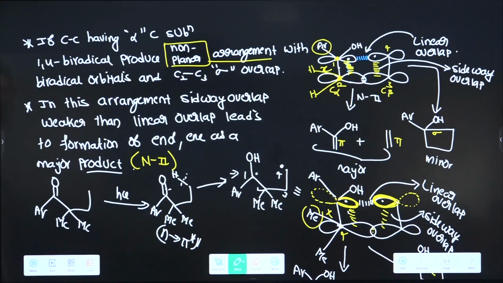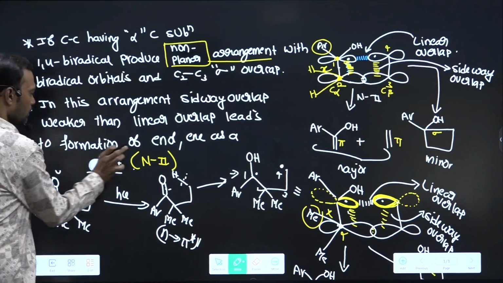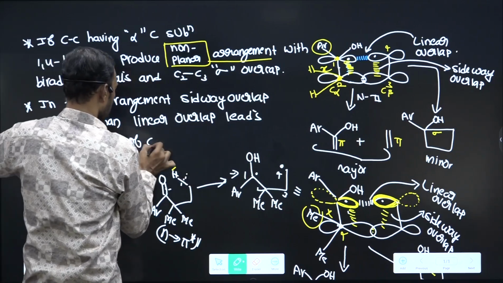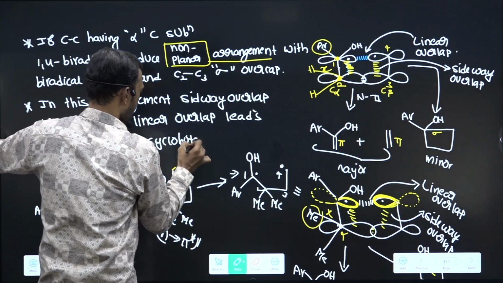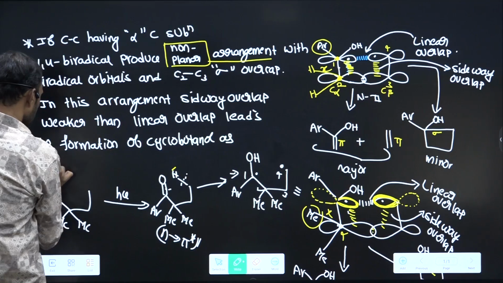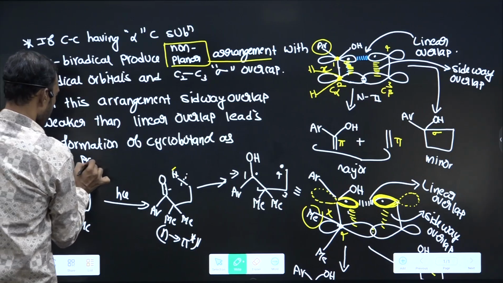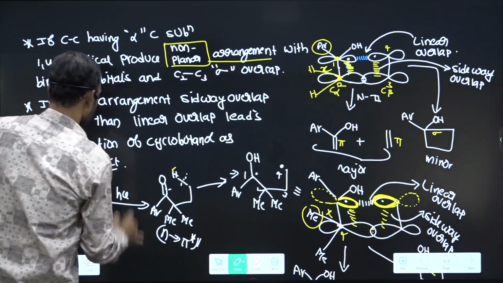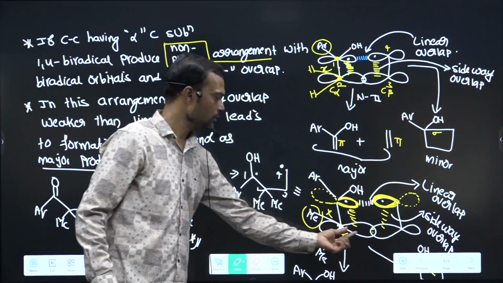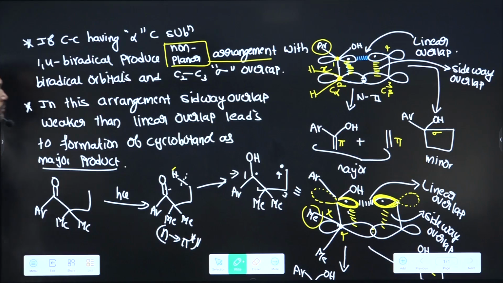In this arrangement, sidewise overlap, weaker than linear overlap, leads to formation of cyclobutanol as the major product. This is called Yang cyclization. Yang cyclization is major when the alpha carbon has a substitution that will develop a non-planar arrangement of biradicals and sidewise overlap of orbitals.